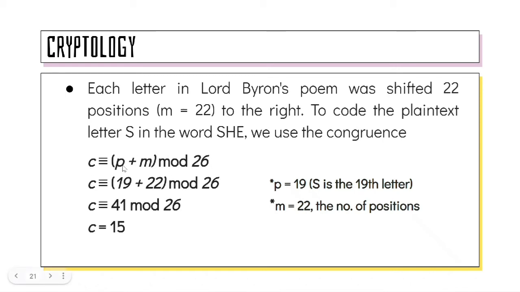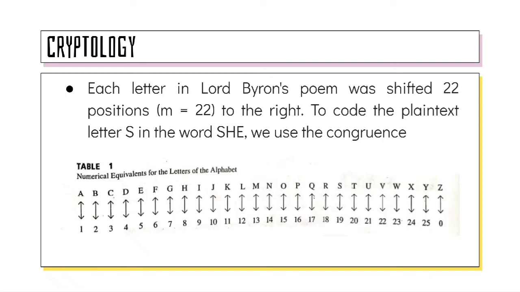What is P here? It is the numerical equivalent of the plain text letter. The plain text letter is letter S. Looking at the table, S is the 19th.